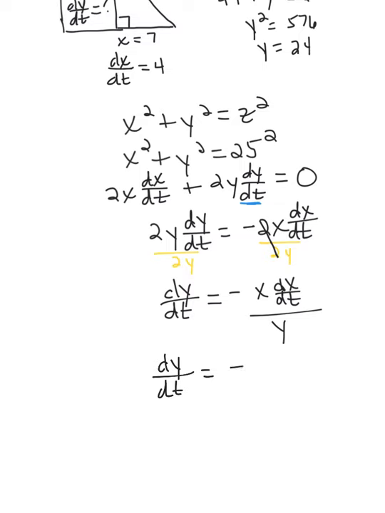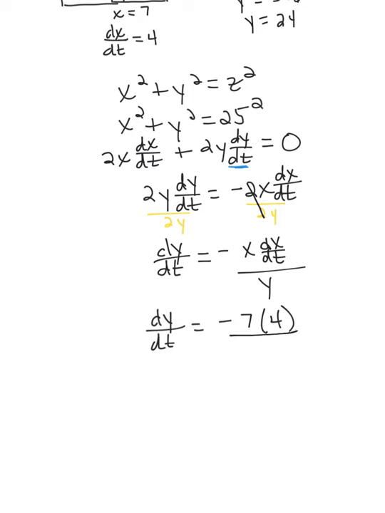We get negative, our x was 7, our dx/dt was 4, and our y was 24. So we get negative 28 over 24, which is negative 1.17.